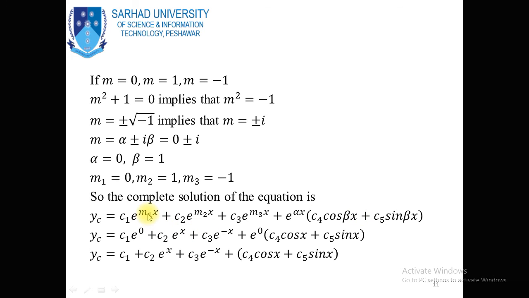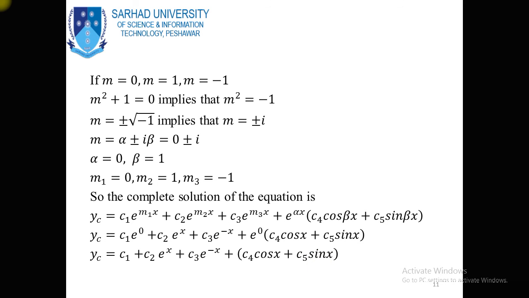So putting m1 = 0, m2 = 1, and m3 = minus 1, and for the complex roots the complementary solution e^(alpha x)(c4 cos beta x + c5 sin beta x), putting alpha = 0, e^0 is equal to 1. So the whole complementary solution for the given fifth order homogeneous linear differential equation is c1 + c2 x + c3 e^(-x) + c4 cos x + c5 sin x.